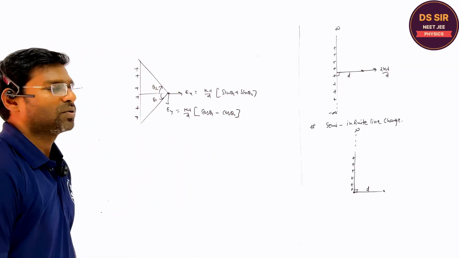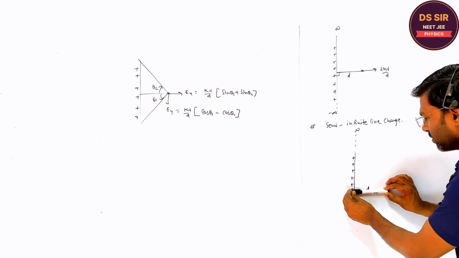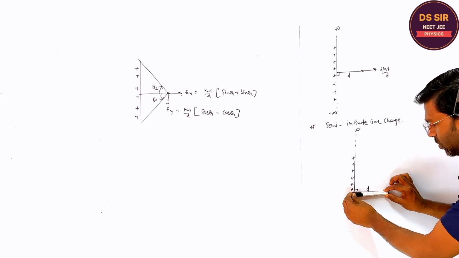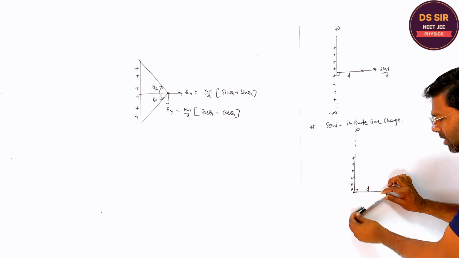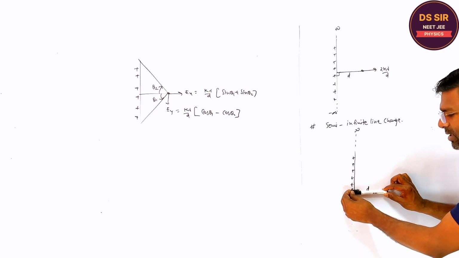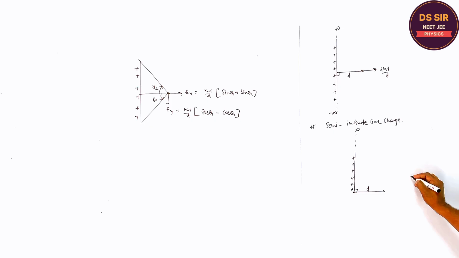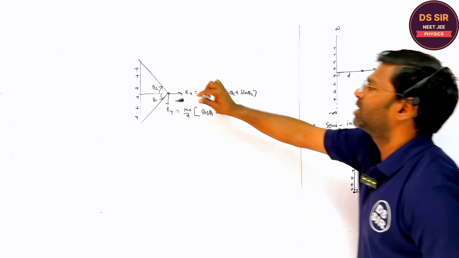This formula you have to remember. So if this point starts from here, there is no portion on this side. So what is the value of theta 1? You tell. Theta 1 is 0, and for this, theta 2 is 90. Is it clear or not? So this is theta 2.